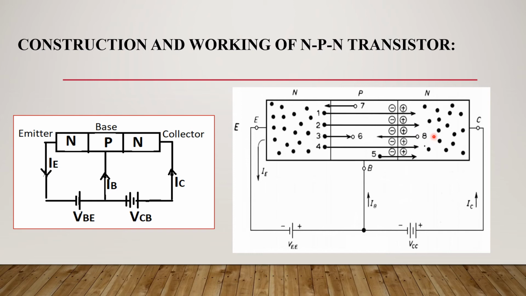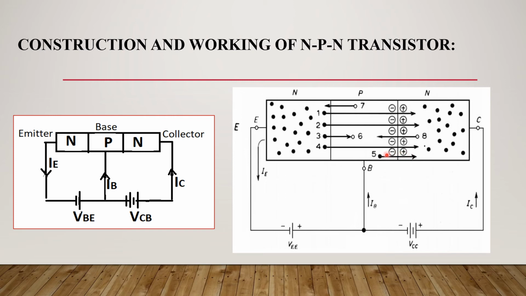Okay, so the movement of holes, say this 8 number from the collector region, and electrons from this P base region, they constitute some current, and that current is called the leakage current.